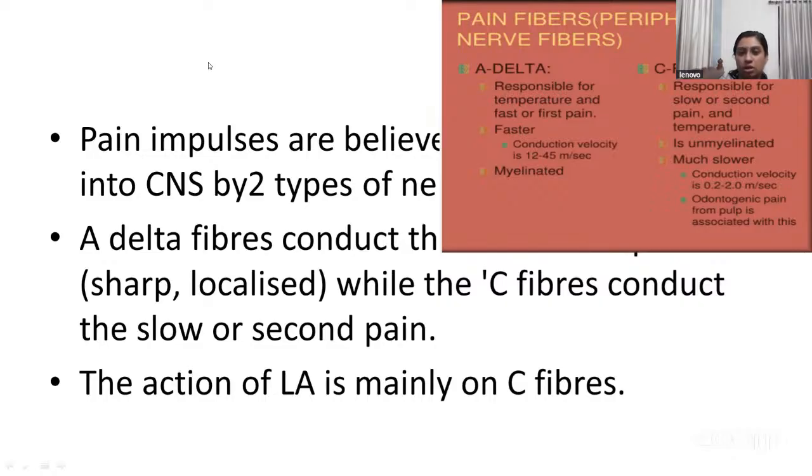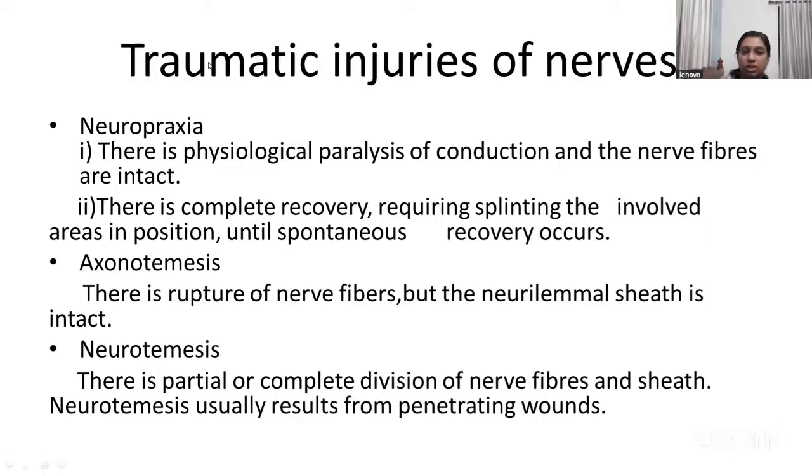Now coming to the traumatic injuries of the nerves. They can be divided into three, which can be remembered as NAN: neuropraxia, axonotmesis, and neurotmesis. This is according to the severity of the nerve injury.